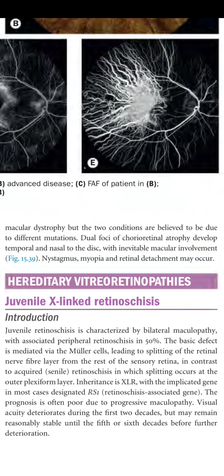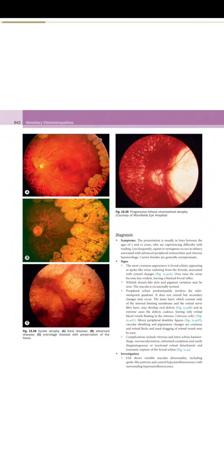Inheritance is X-linked recessive, with the implicated gene in most cases designated as the retinoschisis associated gene. The prognosis is often poor due to progressive maculopathy. Visual acuity deteriorates during the first 2 decades but may remain reasonably stable until the 5th or 6th decade before further deterioration.